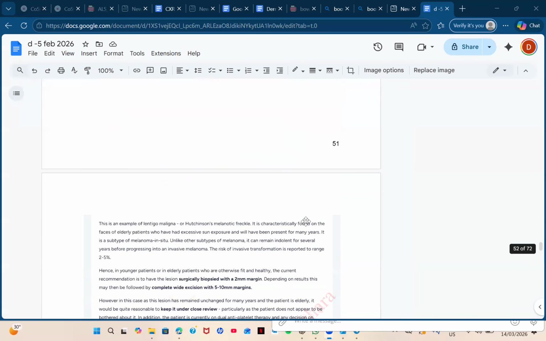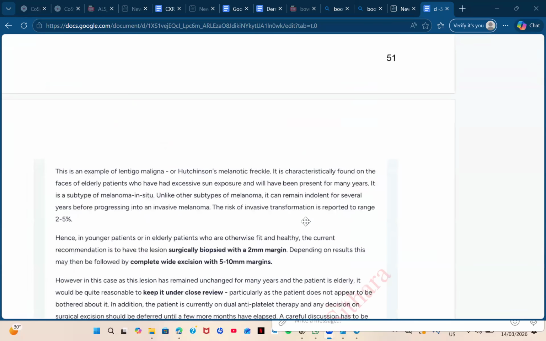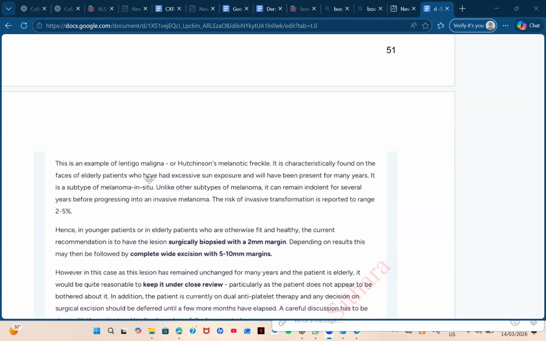Okay, here doctors, please remember this example is lentigo melanoma or Hutchinson melanotic freckle. It is characteristically found on the face of elderly patients who have had excessive sun exposure and will have been present for many years. It is a subtype of melanoma in situ. Unlike other subtypes of melanoma, it can remain indolent for several years before progressing into an invasive melanoma.